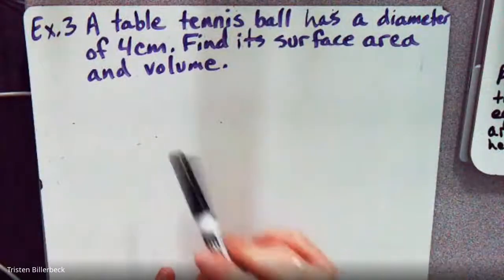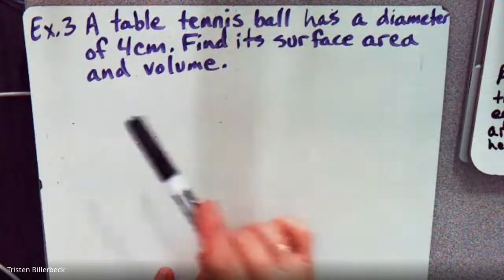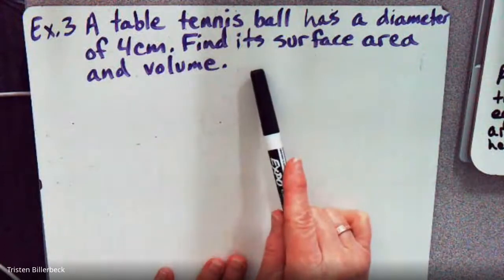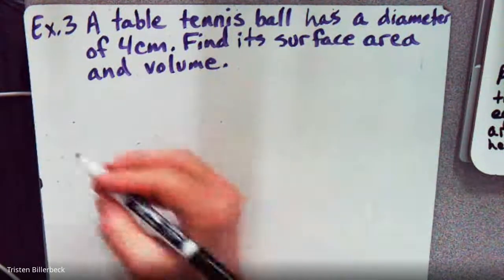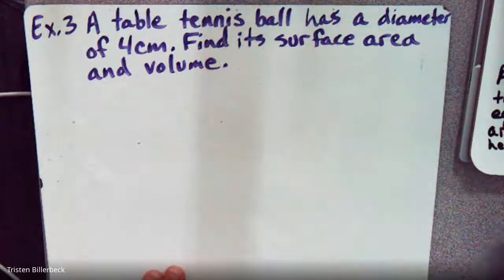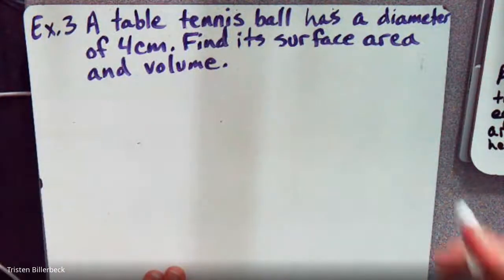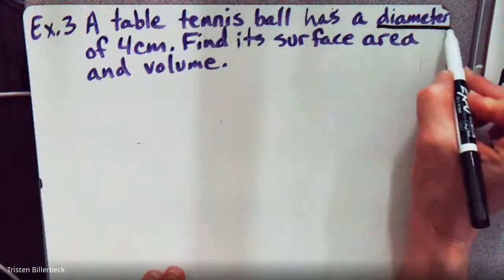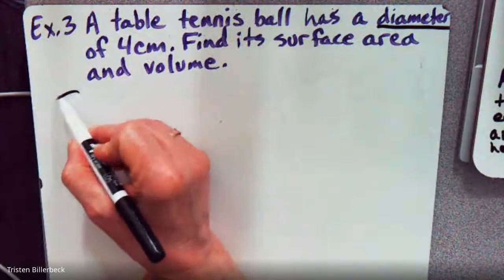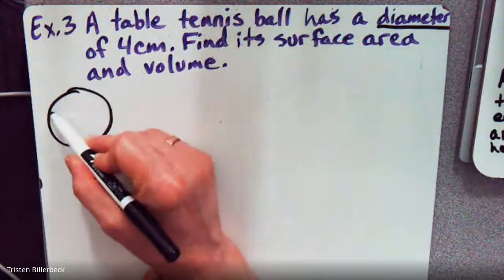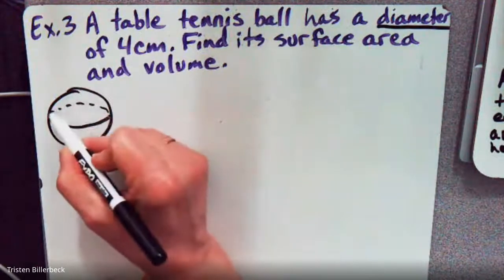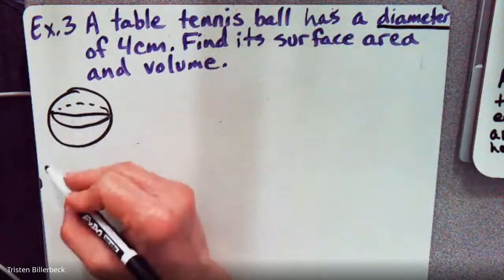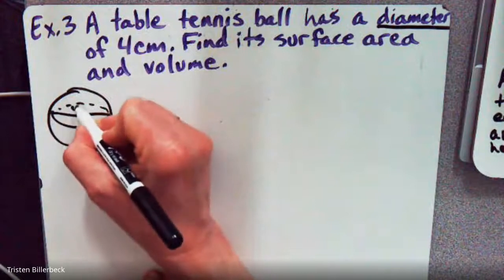All right, so a table tennis ball has a diameter of 4 centimeters. Find its surface area and volume. Okay, so we have a table tennis ball. We have to be careful with this one because they're talking diameter. So we've got something going on like this, and they're saying this diameter right here is 4 centimeters.